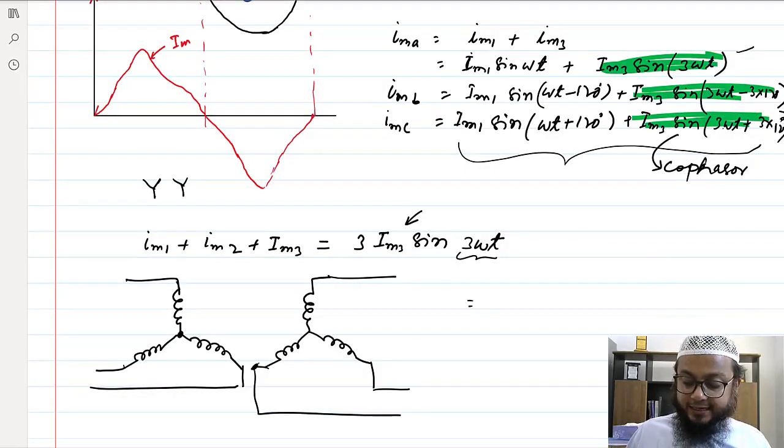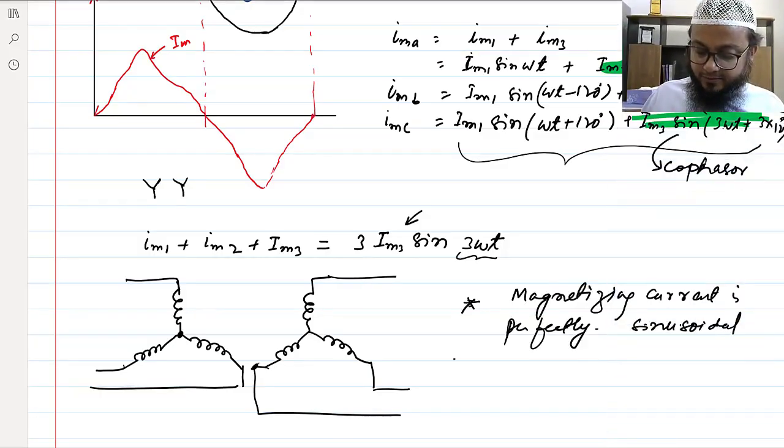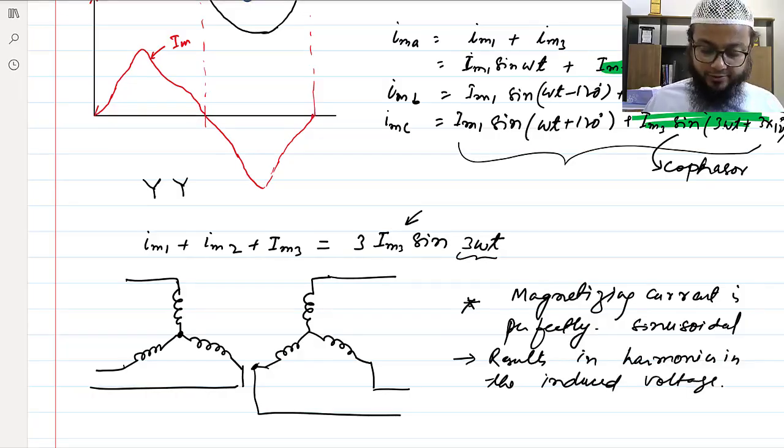So in a star-star connection, the magnetizing current is perfectly sinusoidal, and this actually results in harmonics in the induced voltage. Okay, so this kind of arrangement we don't prefer in the power system network.